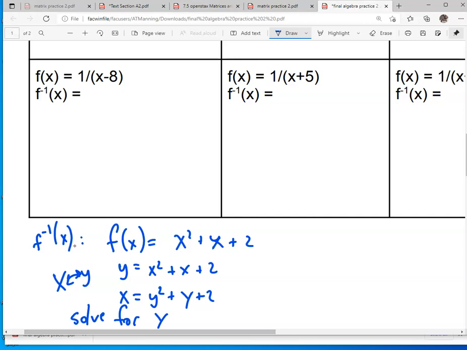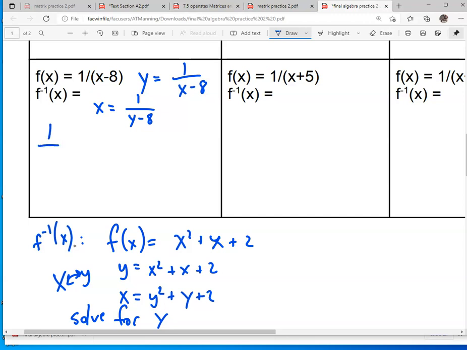So let's do that with this one. First of all, y equals 1 over x minus 8. Now we swap x and y. We have x equals 1 over y minus 8. We want to get y by itself and not underneath, so let's just do the inverse of both sides. That means we'll take 1 over everything.